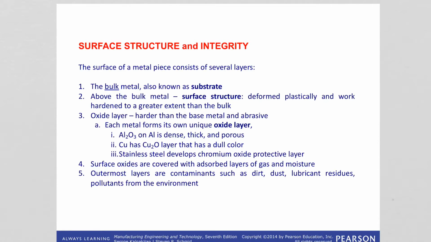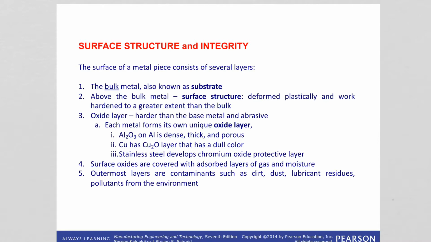When an oxide forms on aluminum, it is hard and dense, a thick film of aluminum oxide, which is porous, and this protects the substrate from corrosion. It has its own advantages, like it helps with coloring of the surfaces.